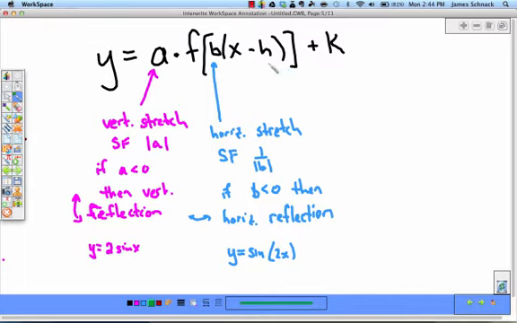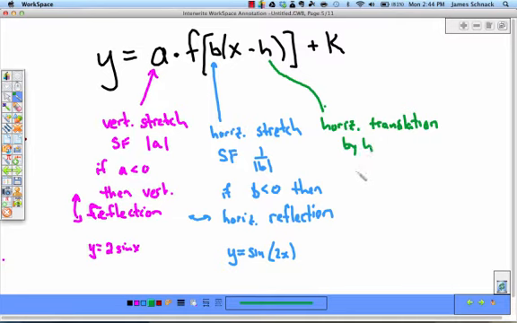And then addition and subtraction tell us not about stretching but about translating, sliding. The h is a horizontal translation, and it's in the direction of the x, it's horizontal, and the amount that we translate is h.